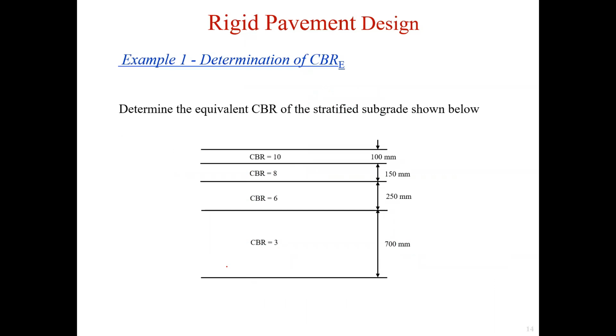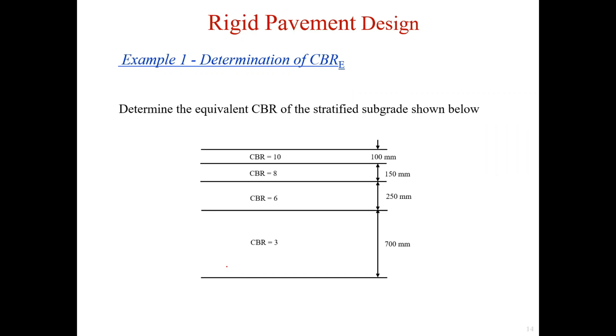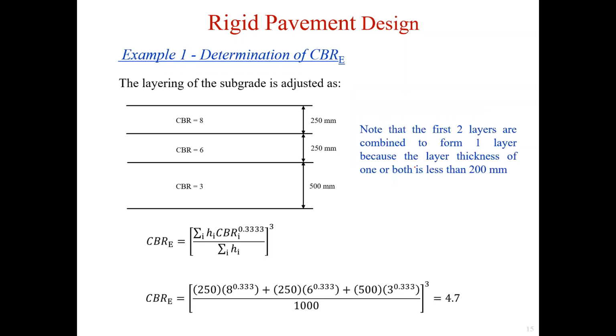Now let's look at one example. We need to determine the equivalent CBR of the stratified subgrade as shown in the diagram below. Firstly, because the layer thickness of the top 2 layers are less than 200 millimeter, you see the first layer and the second layer, both less than 200 millimeter, we need to combine them to form 1 layer, and the lower CBR value is used for the new layer.